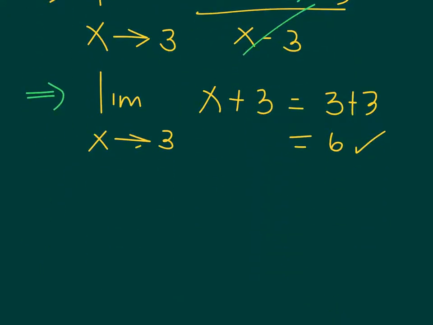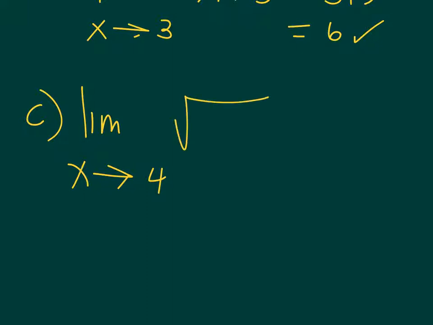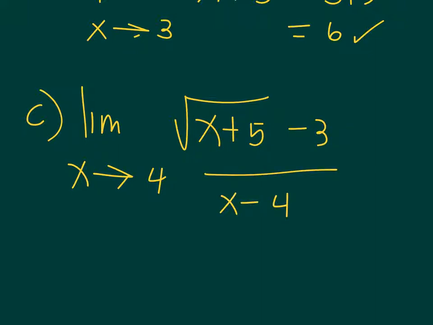Next, letter C. In letter C, we are supposed to find the limit as x approaches 4, and we have square root of x plus 5 minus 3 over x minus 4. Any suggestion? Conjugate.